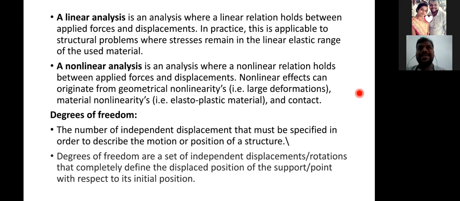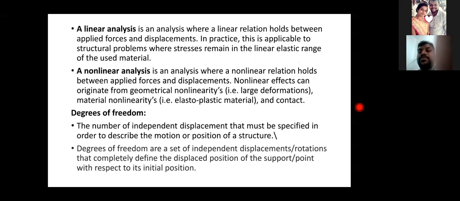What exactly does degree of freedom stand for? It is the number of independent displacements that must be specified in order to describe the motion or position of a structure. For example, I have a beam. Let's say here I have a roller.